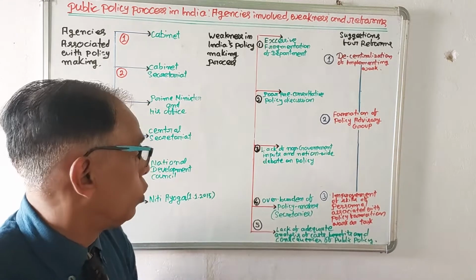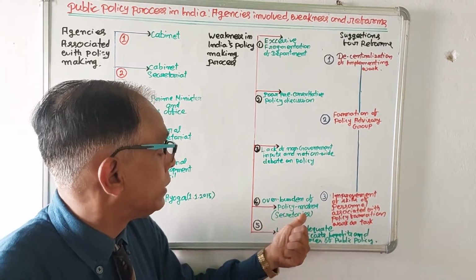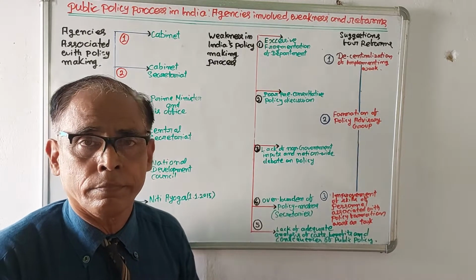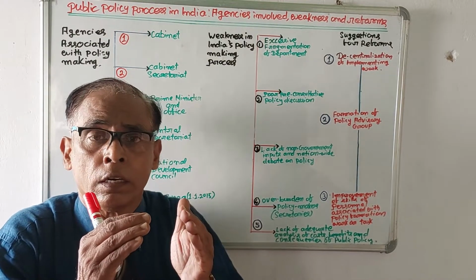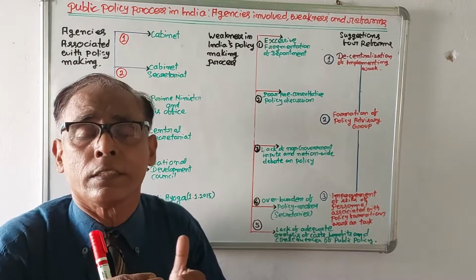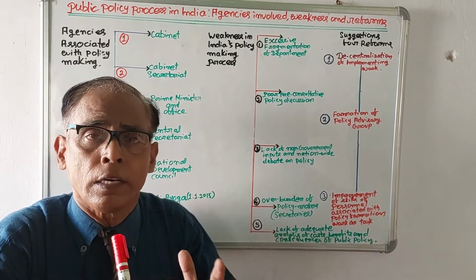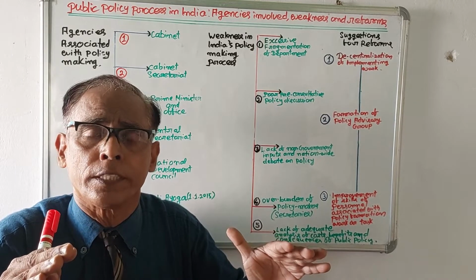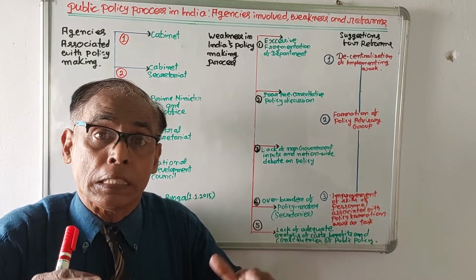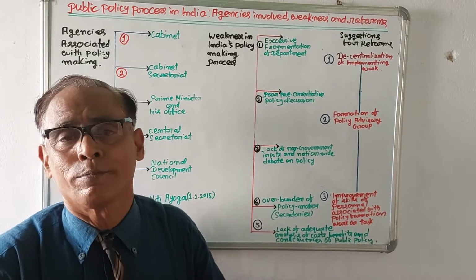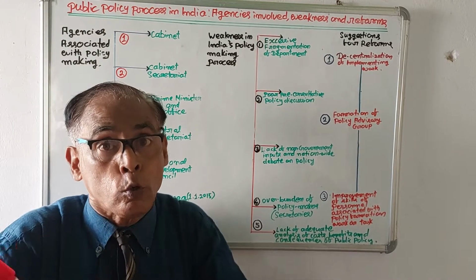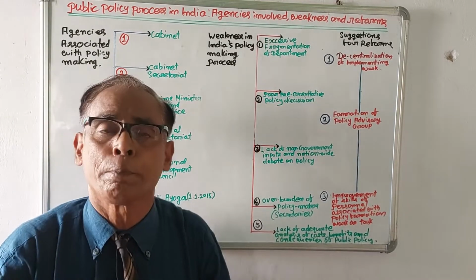Number 4, overburden of policy makers. In India, secretaries are the main persons who take part in the preparation of public policy. But they are overburdened with work. They will have to look after the administration of the department.